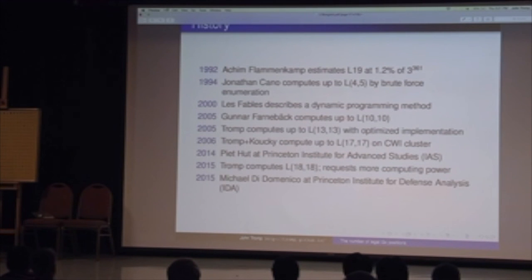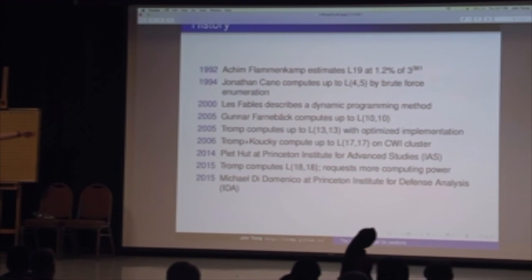And I started computing 18 by 18 there, and that finished the next year. And then I made a nice big announcement on a popular forum like Hacker News. Together with announcing the 18 by 18 result, I also said, people, if you can spare more computing power, we can tackle the big one, 19 by 19.